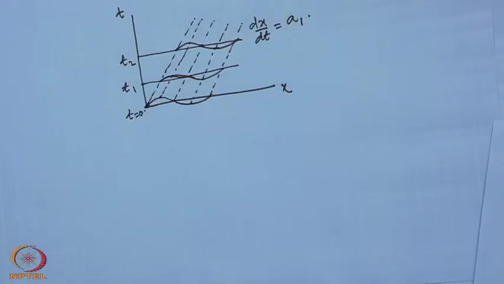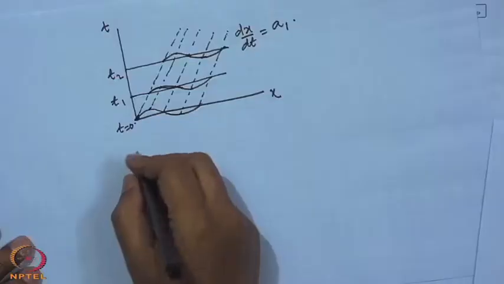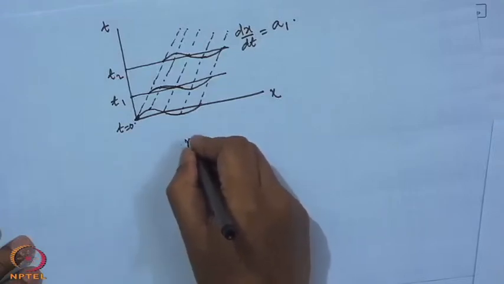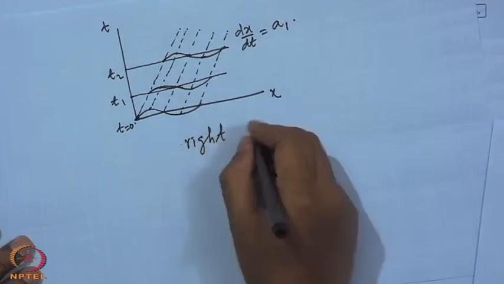A wave in which the propagation velocity is in one direction is called a simple wave. That is, if the wave propagates only in one direction, it is called a simple wave. So, in this case this is the wave which is propagating to the right, called a right running wave. Similarly, the wave described by, so this is a right running simple wave.